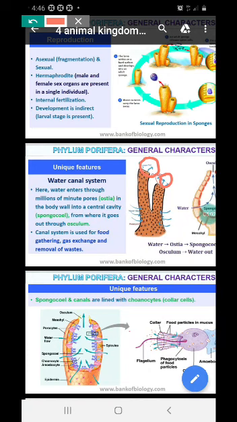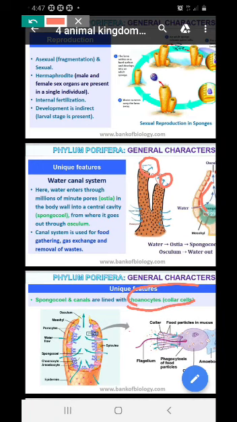Okay, and the body is supported by a kind of skeleton called spongin fibers or spicules. Clear? And the spongocoel is lined by cells which are called choanocytes or collar cells.